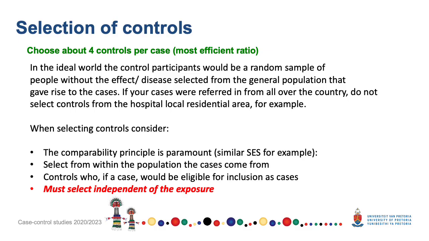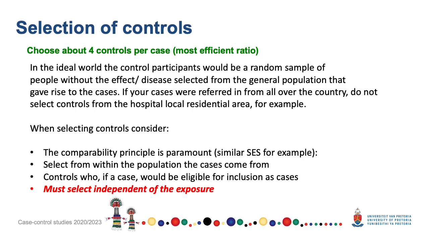One final little note, in general, you should select up to 4 or a maximum of 5 controls per case. If you select more than 5 controls per case, your study becomes less efficient because there's very little advantage added by adding more and more controls, and yet the costs and the duration of the study will now increase.